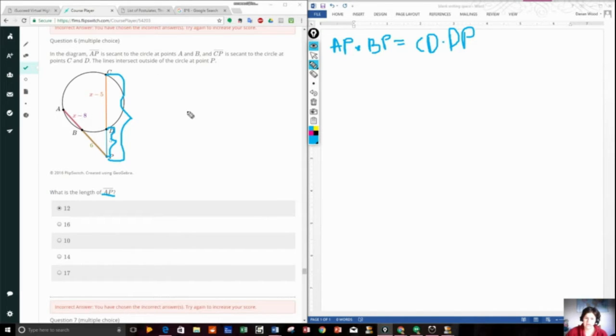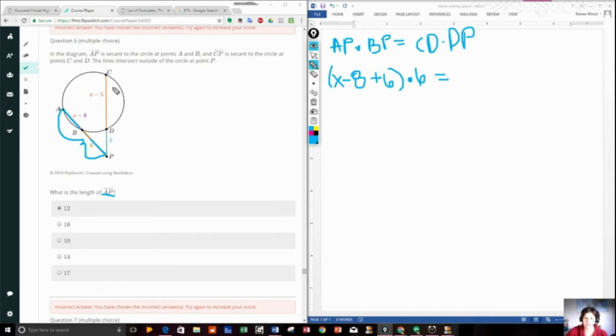Alright, so what is AP? Well, AP is the total distance, and we can do that by adding the individual segments together. So I know that we have x minus 8, because that's AB, plus 6, that's the other part, times BP, which is 6.